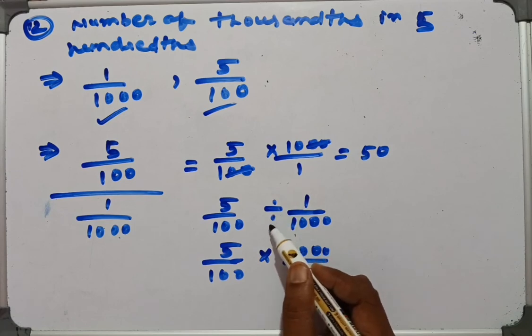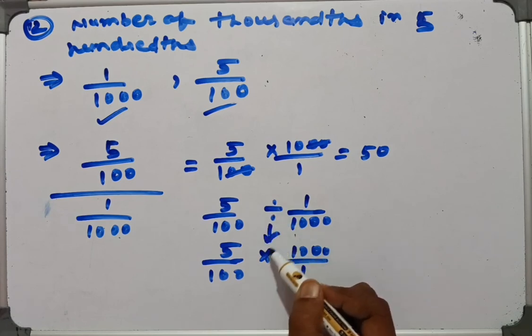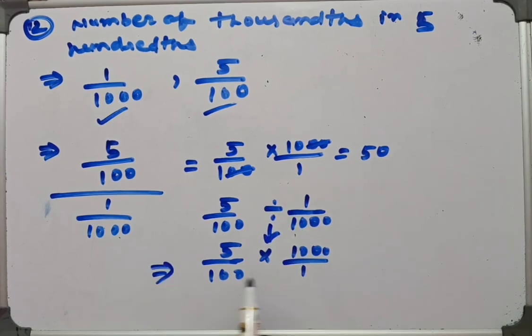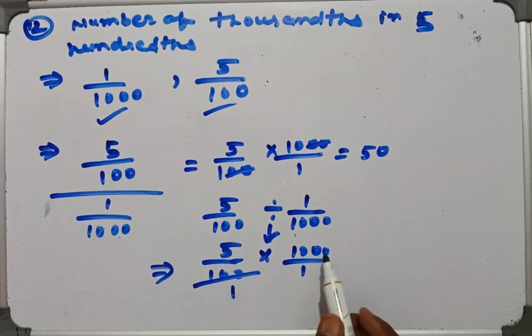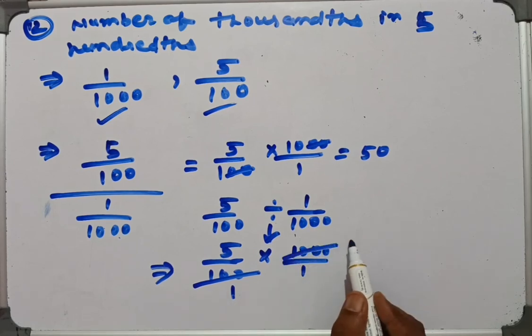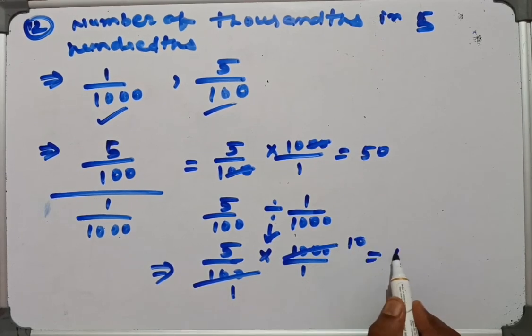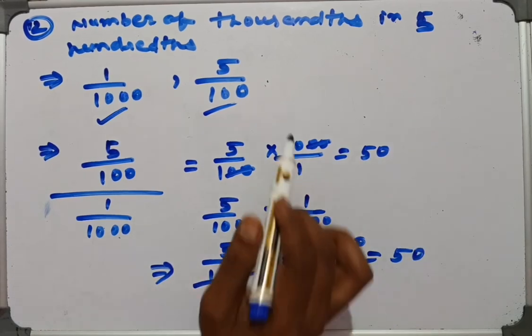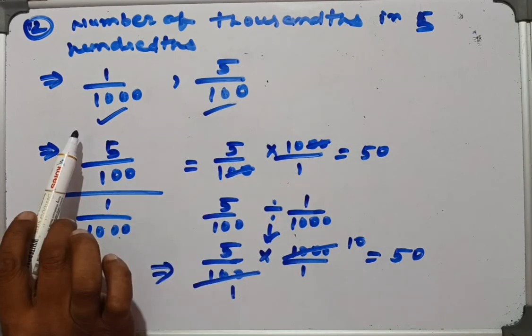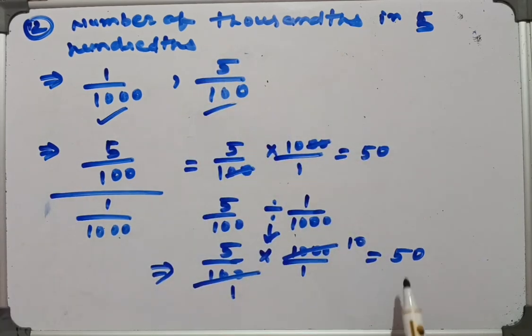This division sign is converted into a multiplication sign. Now see, 100 1 ja 1, 100 10 ja 1000. So the final answer is 50. It means in this 5 by 100, how many thousands? 50.